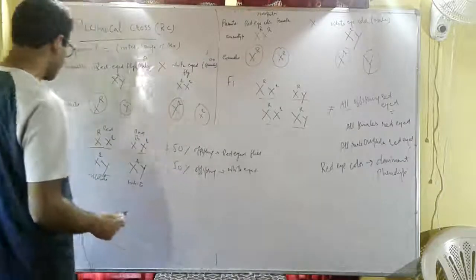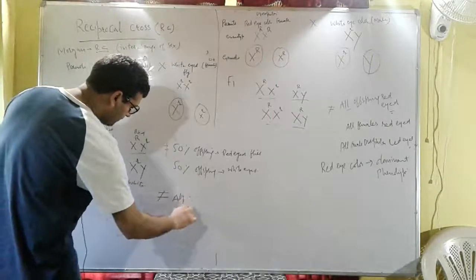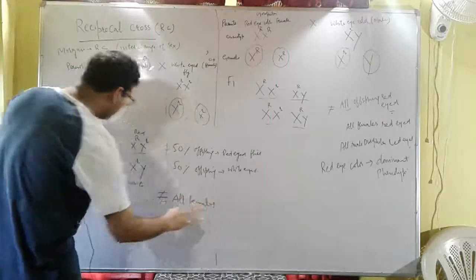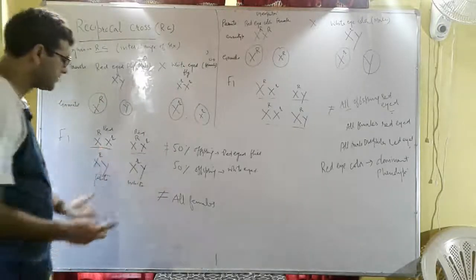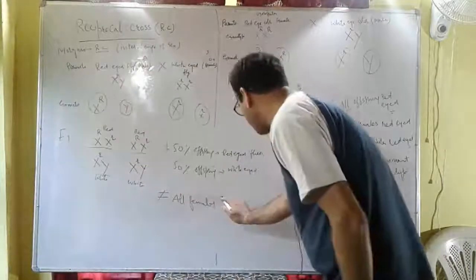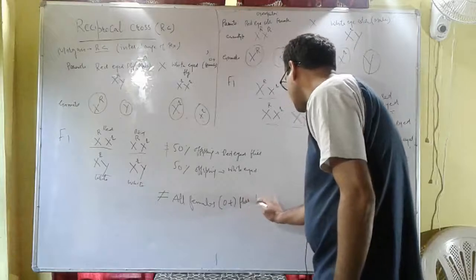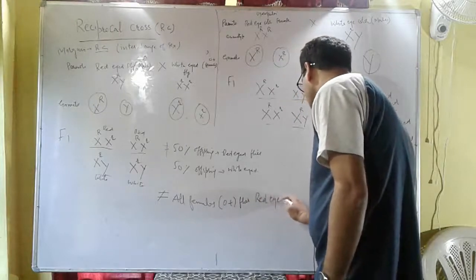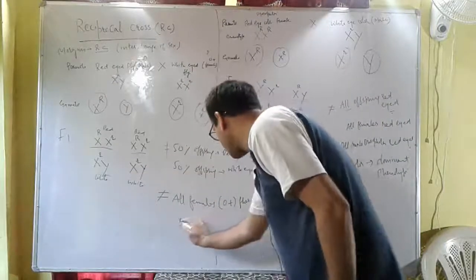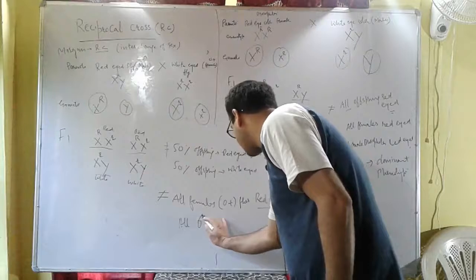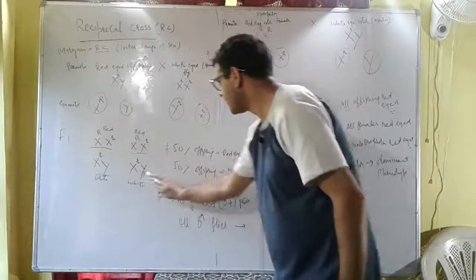And all females are what? All females are red-eyed. So we can write down: all female flies are red-eyed, and all male flies are white-eyed.